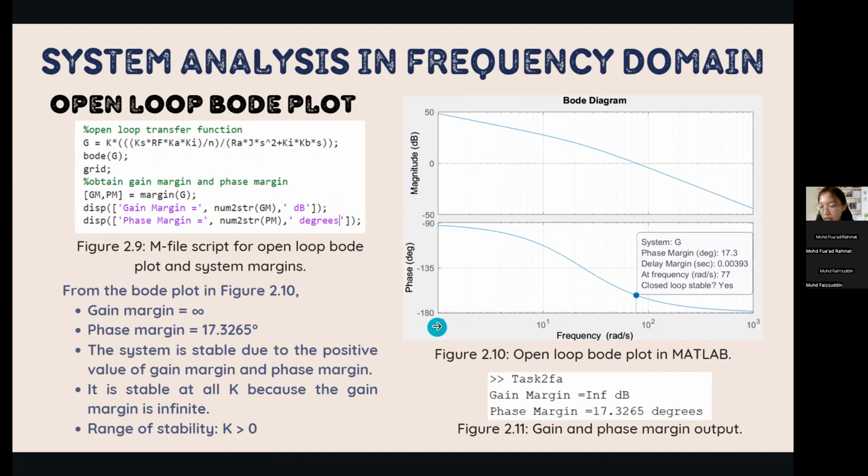Gain crossover frequency is when the gain curve crosses 0 dB. Isn't that the 17.3? The phase crossover frequency is when the phase curve crosses -180, which is not available, because it's infinity. All right. Okay.